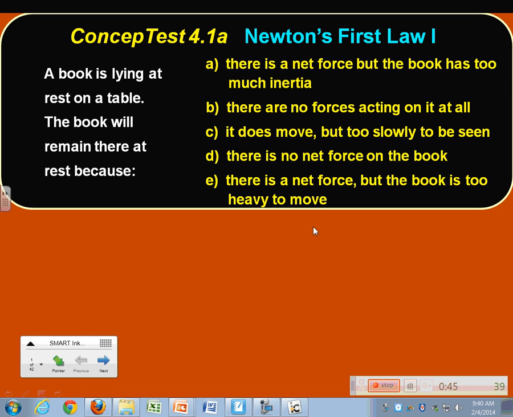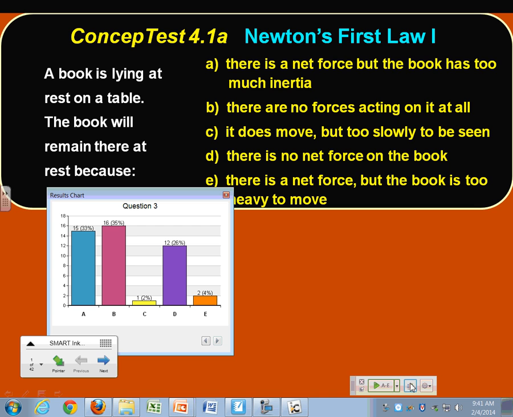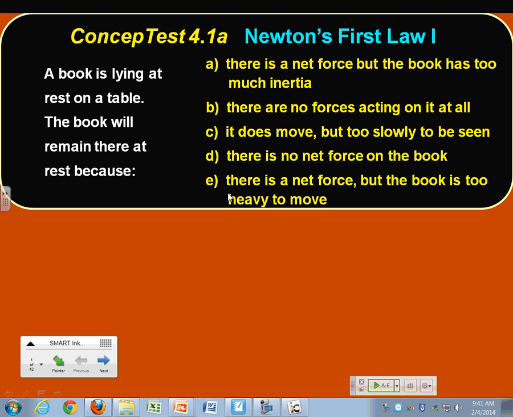All right, I'll stop at 50. Just guess if you don't know. Remember, guys, on these questions, even if you get the answer wrong, you still get credit. If you get them correct, you get twice the credit. Let's see what y'all got here. Oh boy, we're all over the place. Okay, think Newton's first law. I have a book resting on a table.